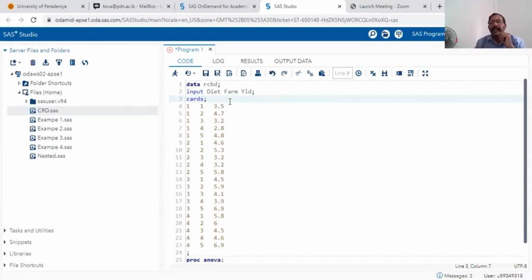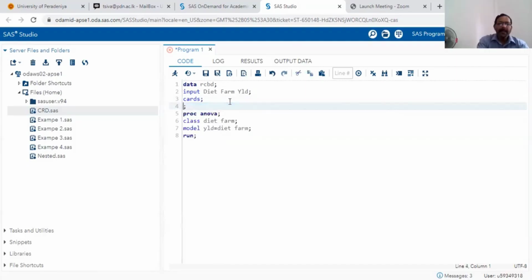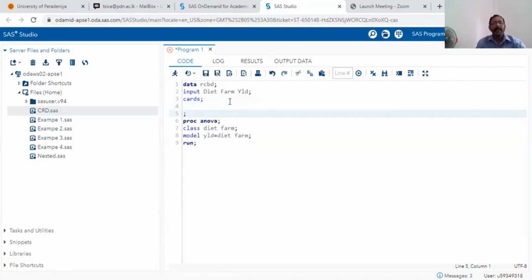In the earliest versions of SAS, if you bring it from the Excel sheet, it will accept. Now it doesn't accept in the new version. So we'll have to do some treatment. I will show that treatment also, so I erase this data. I keep the program as it is, because there's nothing wrong with the program.